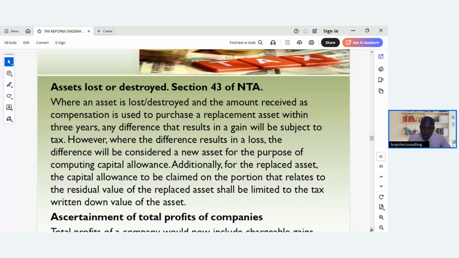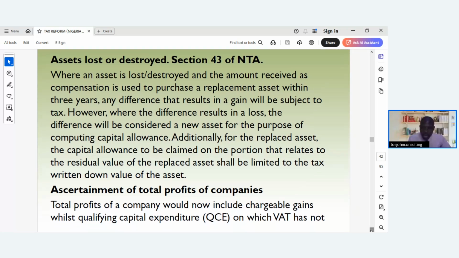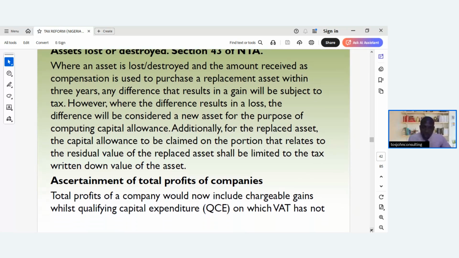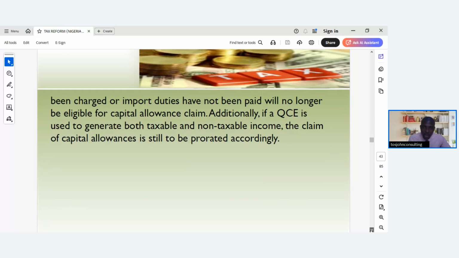Ascertainment of total profit of companies. How do we ascertain it? Total profit of a company would now include chargeable gains, while qualifying capital expenditure on which VAT has not been charged or import duties have not been paid will no longer be eligible for capital allowance claim.